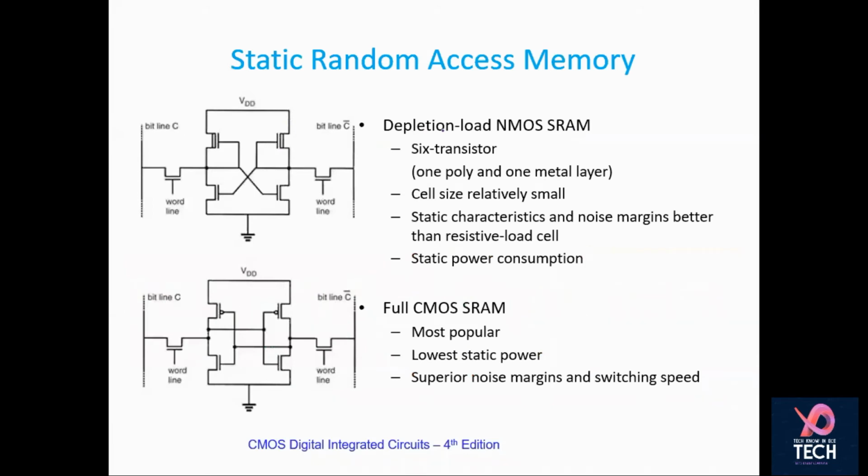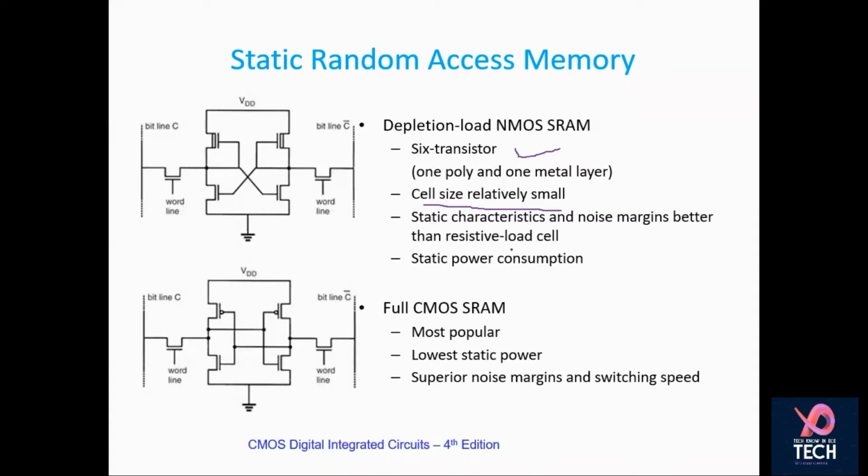So these are certain drawbacks, or rather a brief summary of these two kinds of SRAM. Depletion load NMOS SRAM: 6 transistors, 1 poly, 1 metal. This is the technology being used. Cell size relatively small.